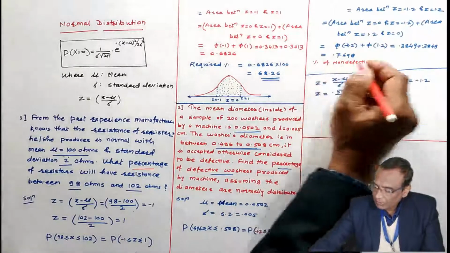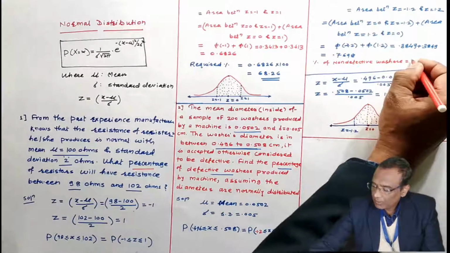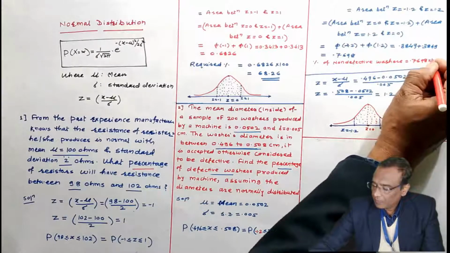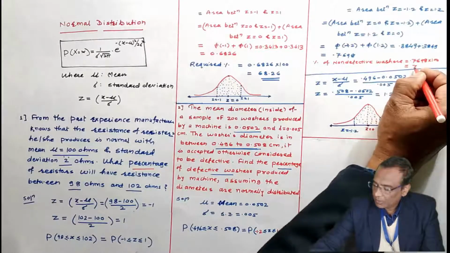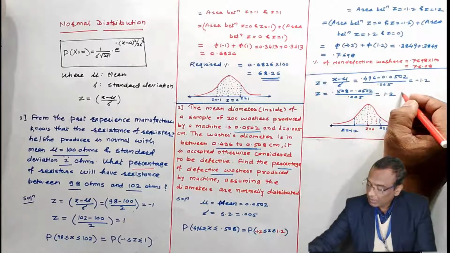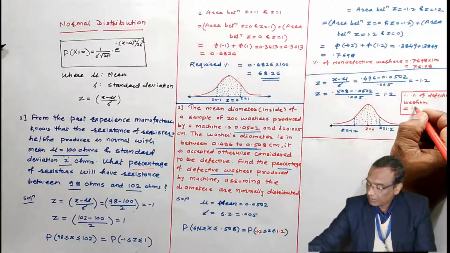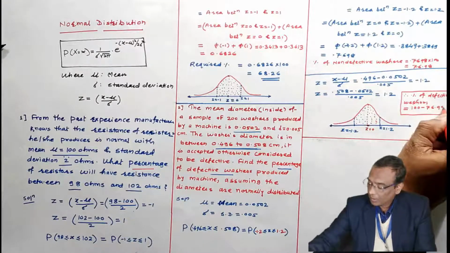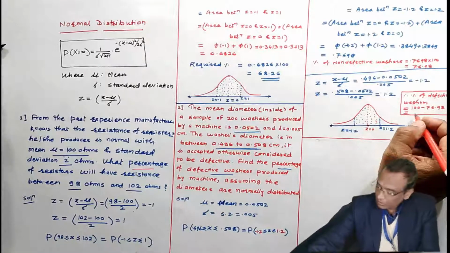The percentage of non-defective washers is equal to 0.7698 multiplied by 100, which is 76.98 non-defective. And the percentage of defective washers, here I am writing 100 minus 76.98, and this is equal to 23.02.